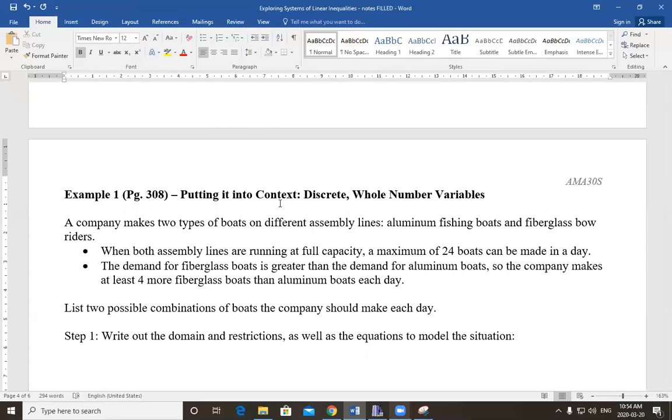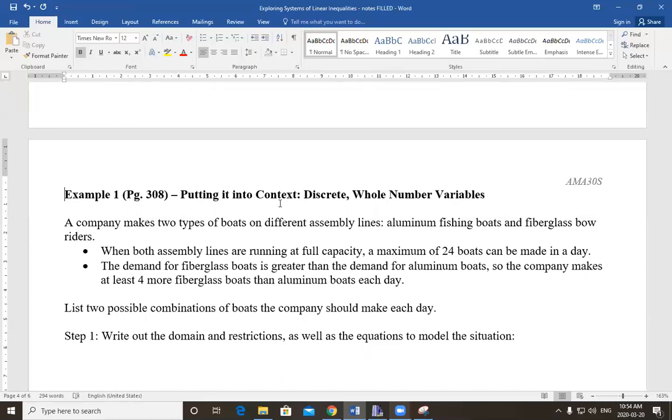And this is a linear inequality scenario. And if you were the owner of this company, instead of guess and checking how many boats you should make each day, because obviously you have to pay workers to build the boats, you have to buy the supplies, you would want to use some math to help solve a real problem, which would be to make the optimal number of boats to maximize your revenue.